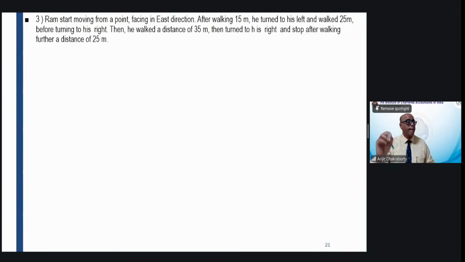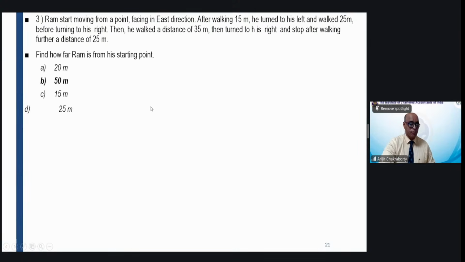What is the question? Let's see the question. So this is the movement of Mr. Ram. Find how far Ram is from the starting point.